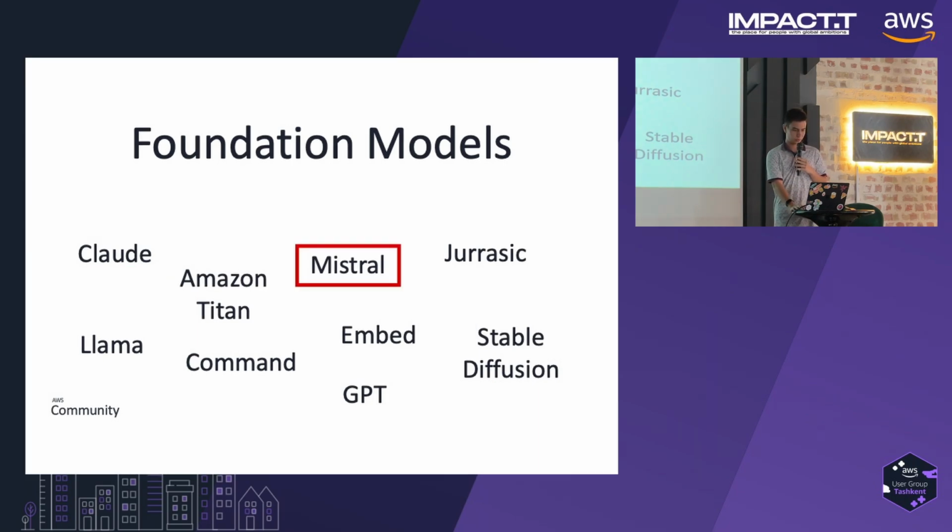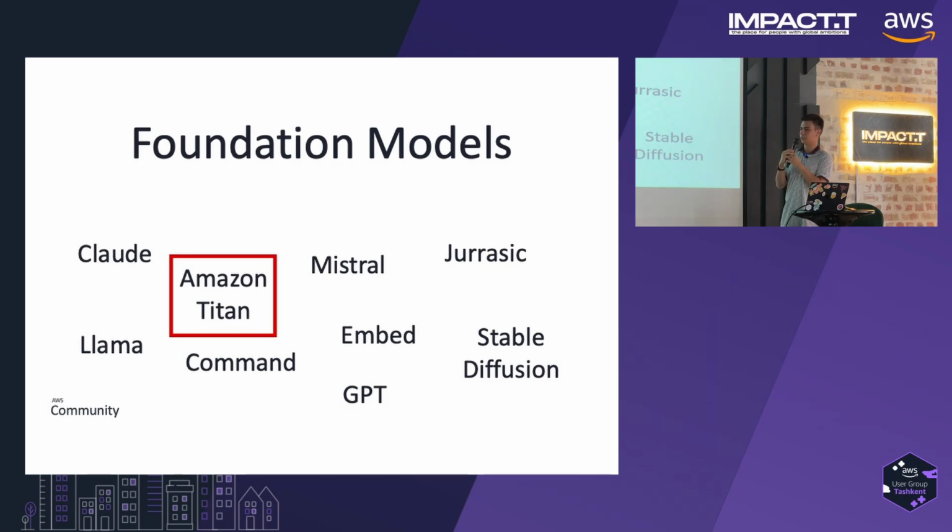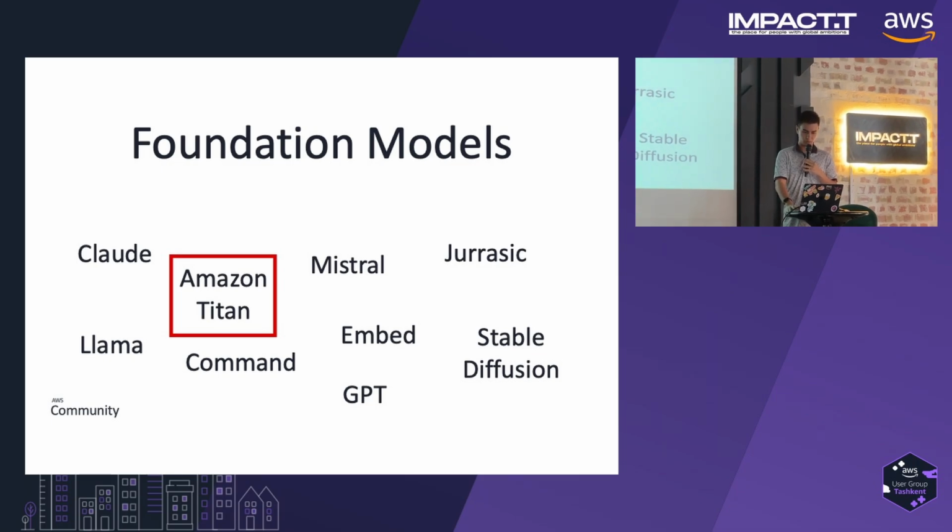Also, we have Mistral, and of course, AWS has its own foundation model called Amazon Titan. Though AWS encourages you to try it, they believe that no foundation model will rule them all. Each of them has its own benefits, pros and cons, so you should try them all and find which suits your purposes.